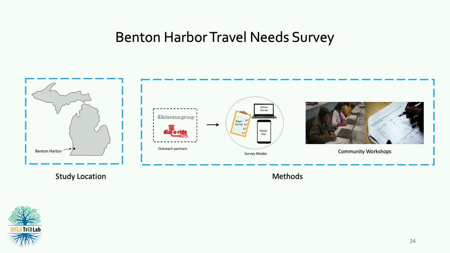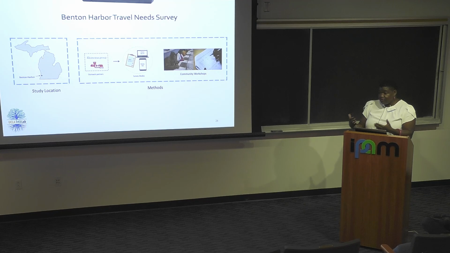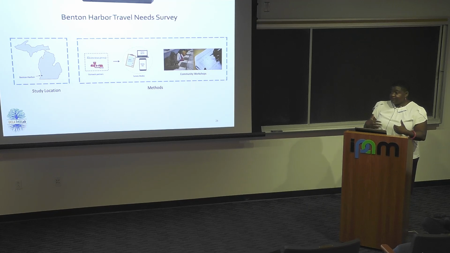An essential part of this strategy was also to accompany our survey with options to participate in a community workshop. This way we were able to bring people in. They had a choice to take the paper survey or the online survey. They could hear from the research team, myself and my students. We could assuage any worries that they had about the use of the data and the impact of the research.